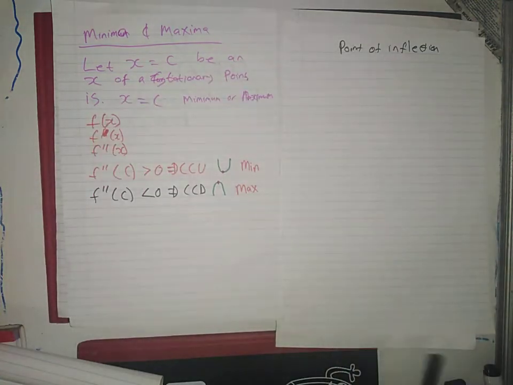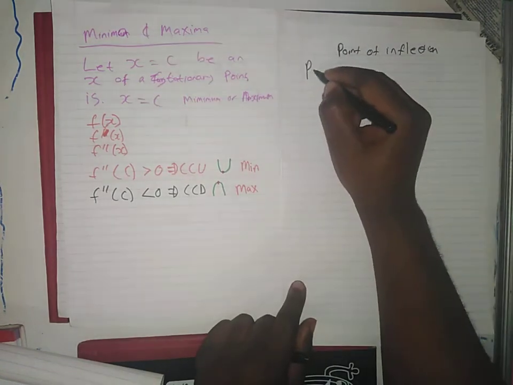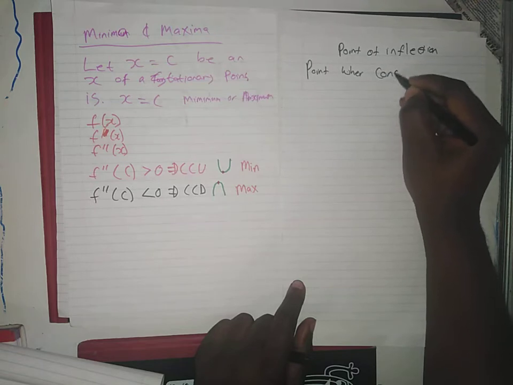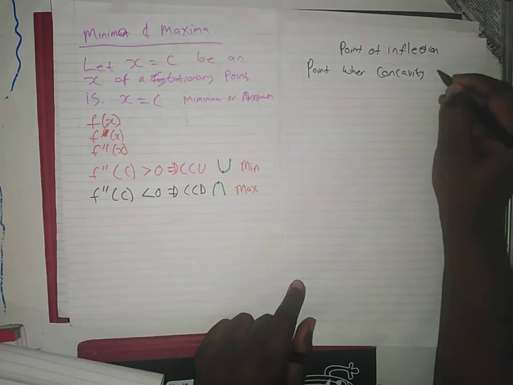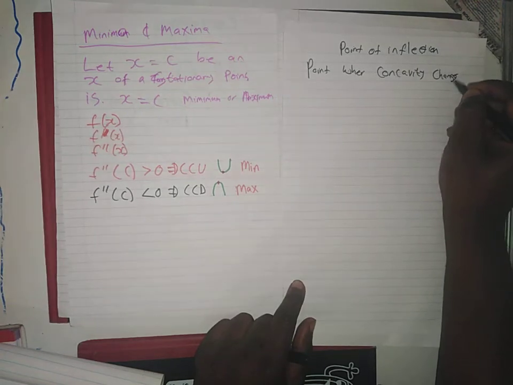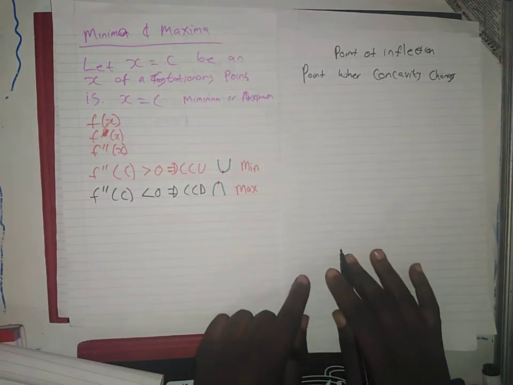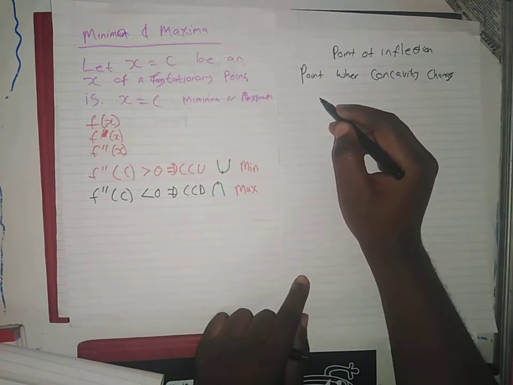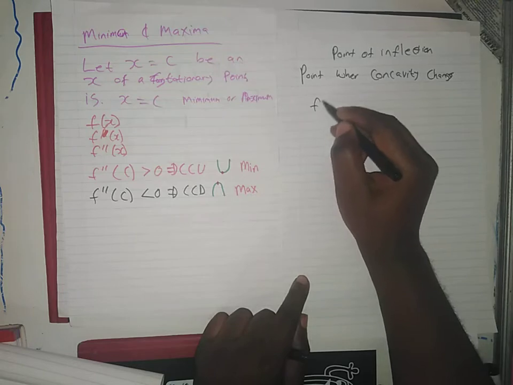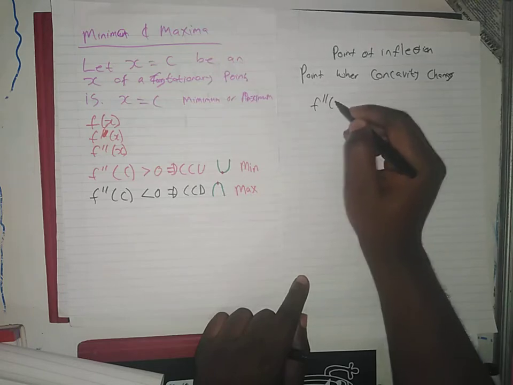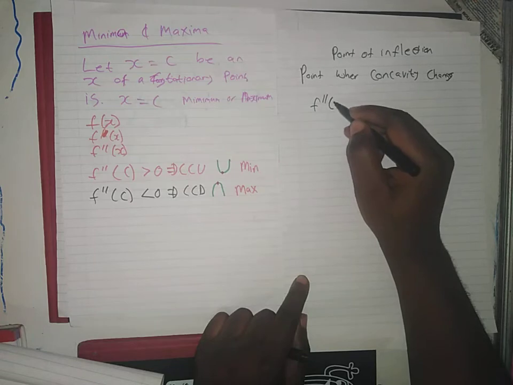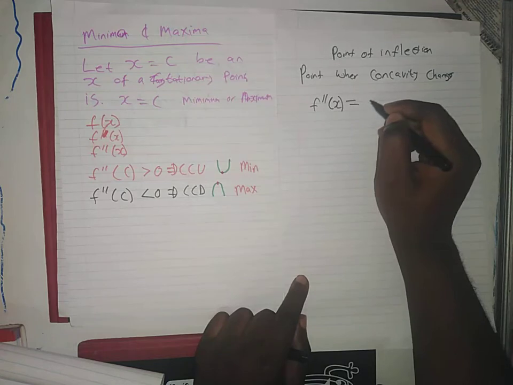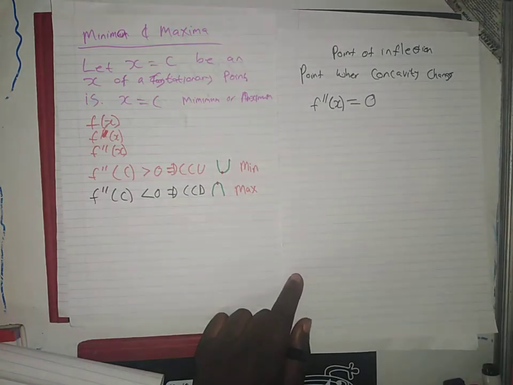So a point of inflection is a point where concavity changes. Okay, now how do you find a point of inflection? You find it like this. You take the second derivative, f double prime at x, and then you equate it to 0.